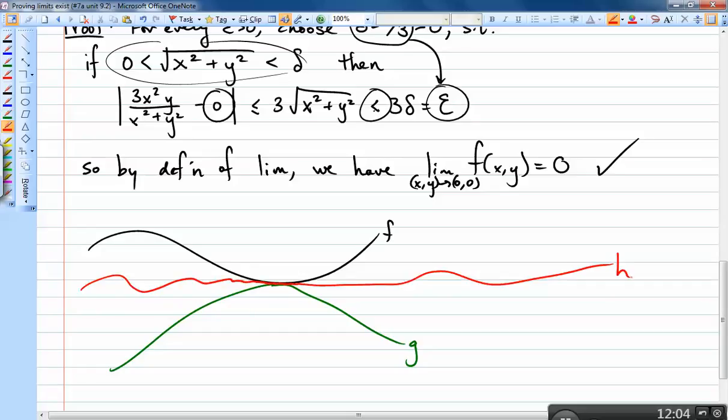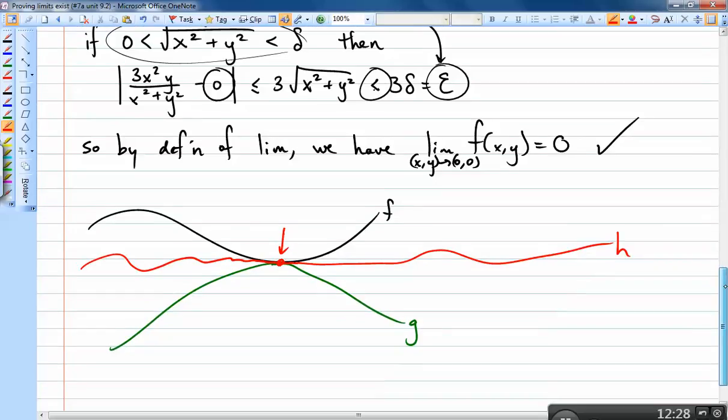And let's say we don't know anything about h, and I'm looking for the limit right there. If you know that it's squeezed between f and g at that one point, you can find the limit of f at that point and the limit of g at that point, show that they're the same, and then h would have to have the same limit because it's squeezed into that spot.